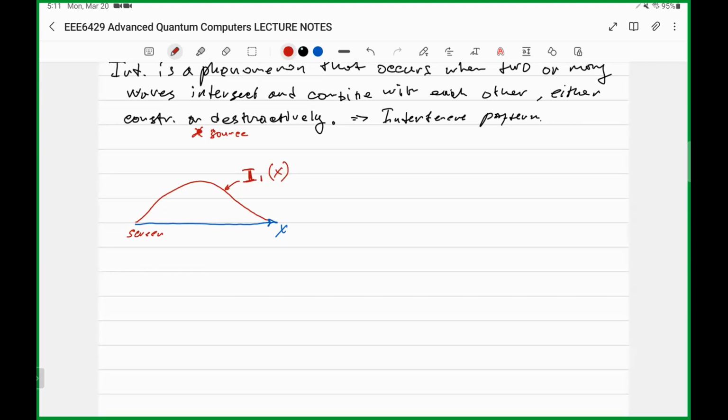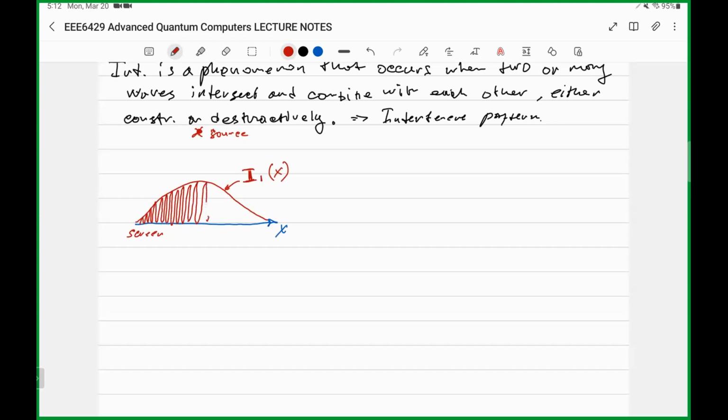But we also know that light is actually a wave, right? And if we take another piece of equipment, we would be able to measure, for example, the oscillations of the electric field.